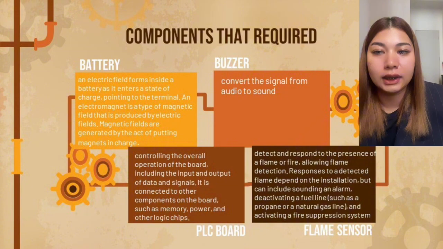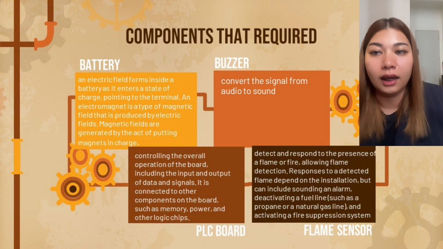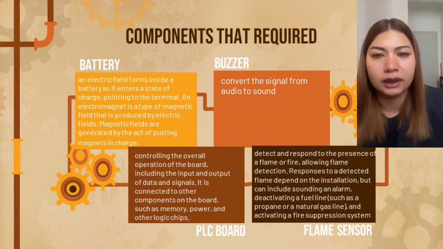Okay, now the third one is the PLC board. The PLC board is controlling the overall operation of the board, including the input and output of data and signals. It is connected to other components on the board, such as memory, power, and logic chips. Okay, the fourth one is a flame sensor.